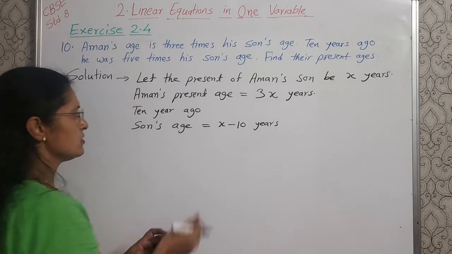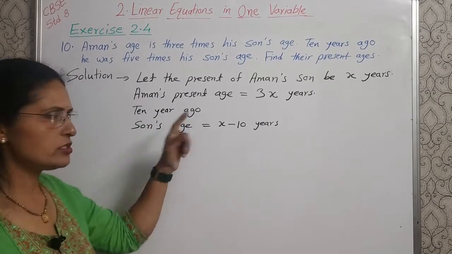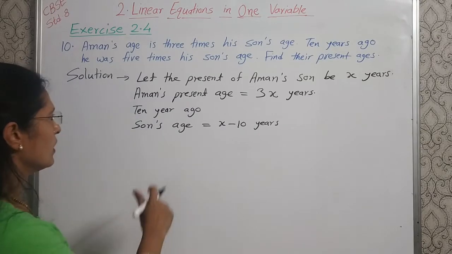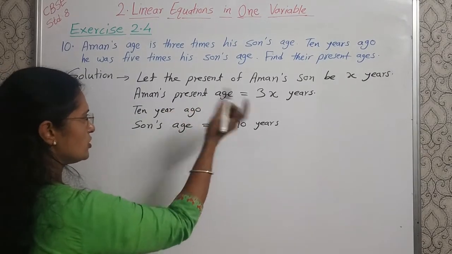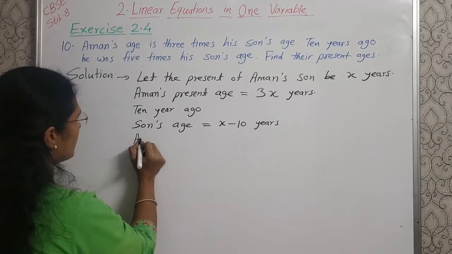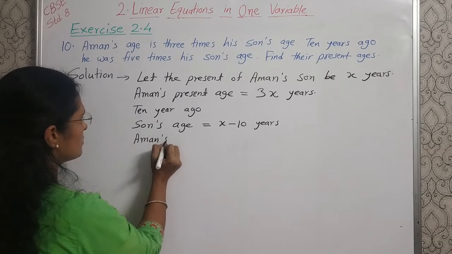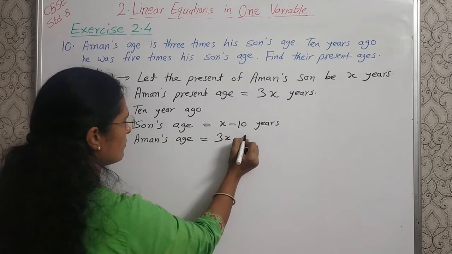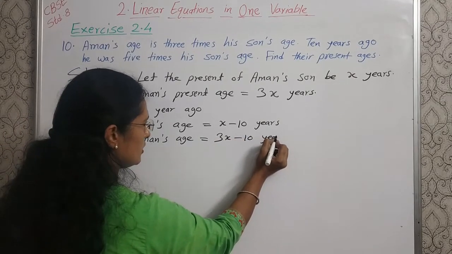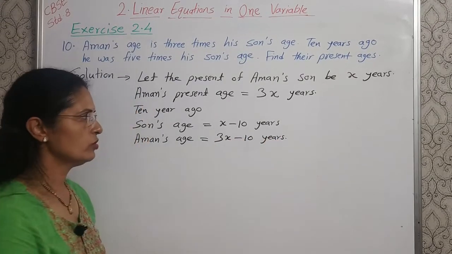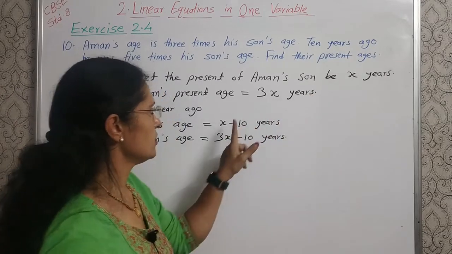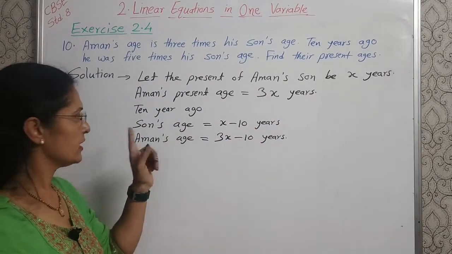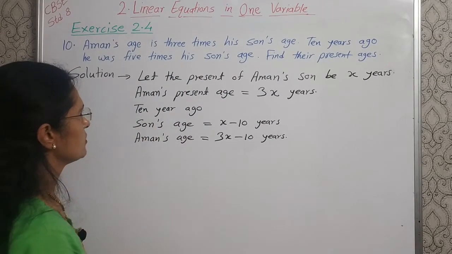Why minus 10 years? Because this age is 10 years ago, before 10 years. And what was Aman's age that time? That time Aman's age is equal to 3x minus 10 years. So from both these ages we will subtract 10, those are their ages before 10 years.